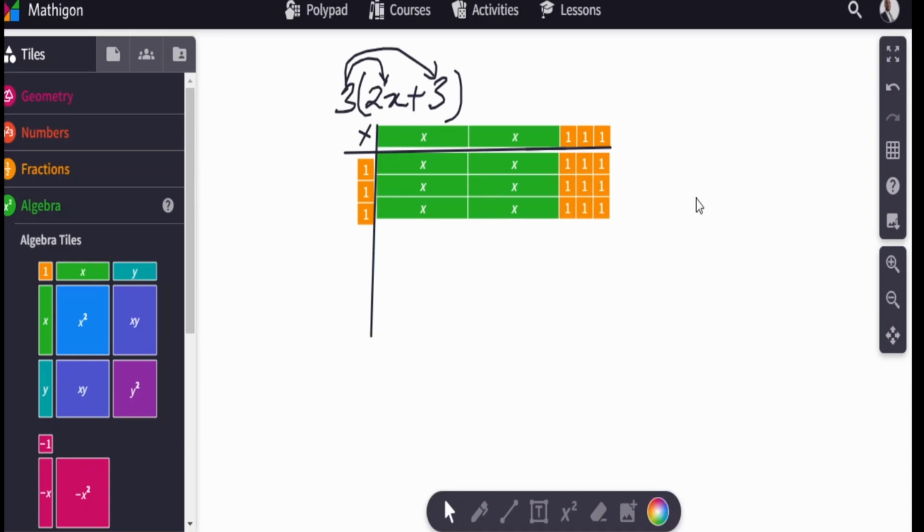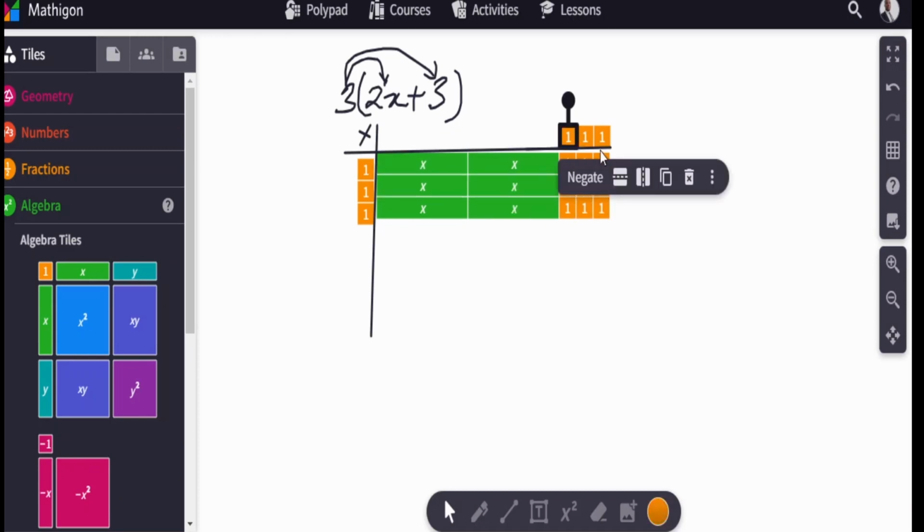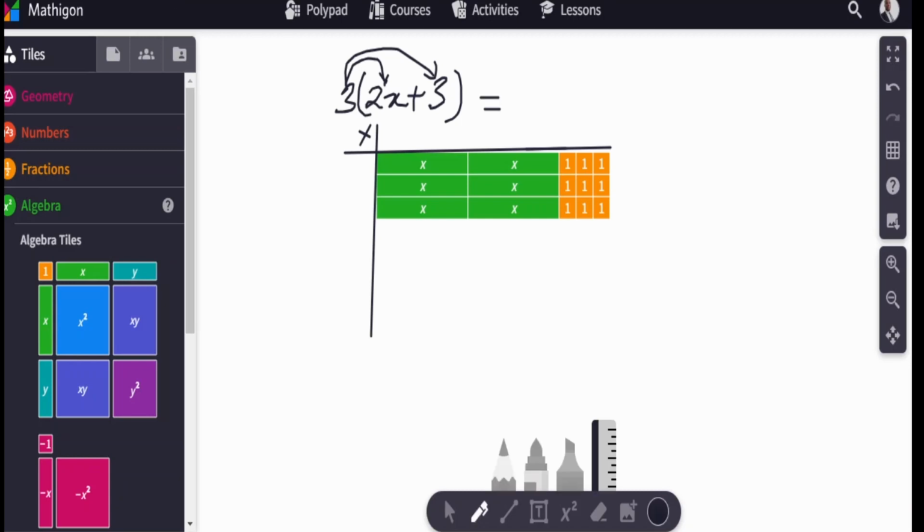Right, so after modeling the multiplication, we now remove the outer tiles and count the inner ones. So this is going to give us 1 2 3 4 5 6x plus 9. So that is, this multiplication gives us 6x plus 9.